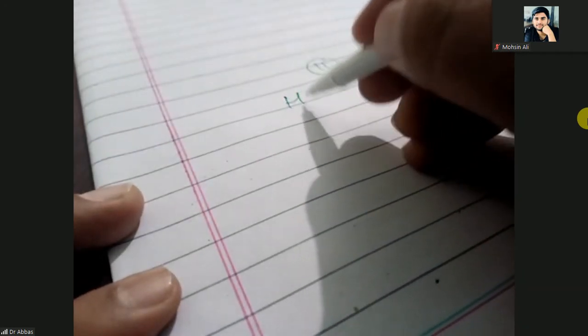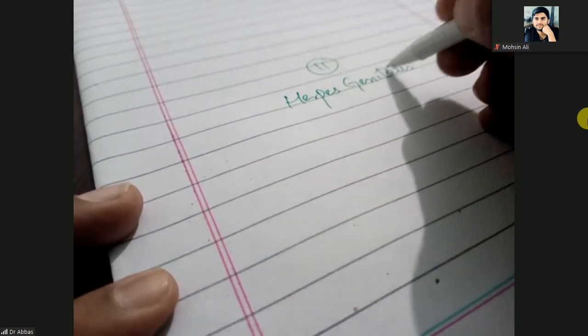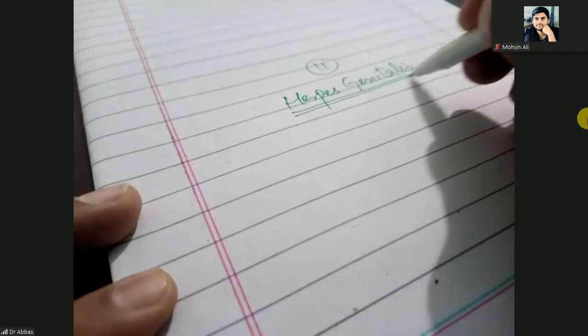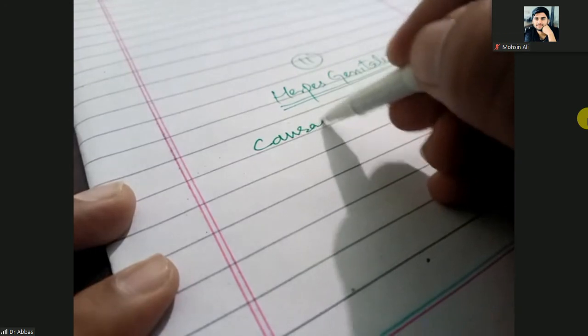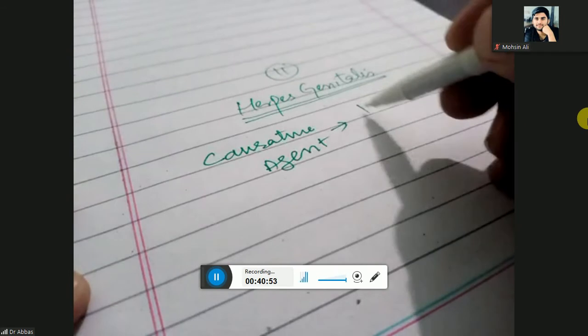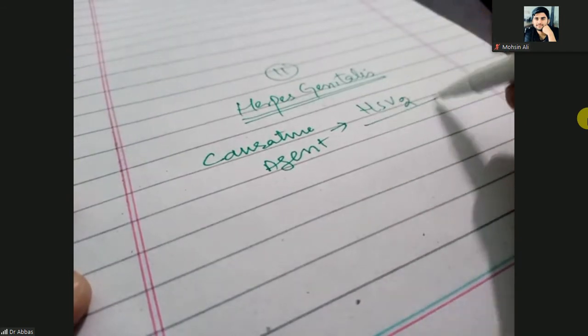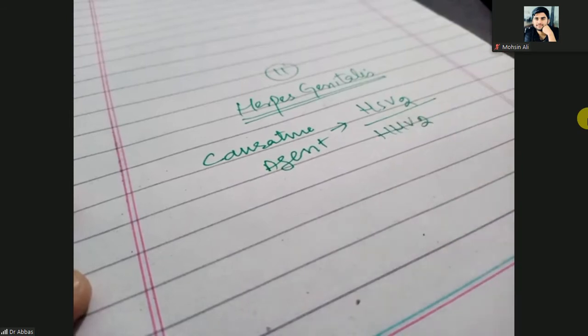Next, move on to the other infection, that is herpes genitalis. Second is herpes genitalis. Do you know what the causative agent is here? In herpes genitalis, the causative agent is HSV2. Another name for HSV2 is HHV2, herpes simplex virus or human herpes virus 2.